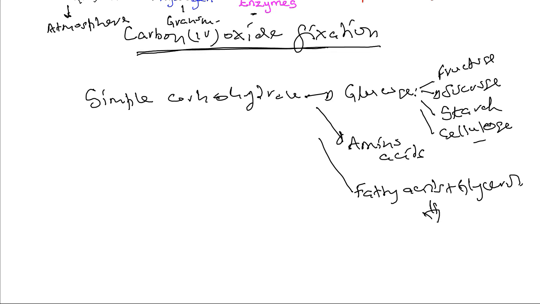Fatty acids and glycerol are used to make up lipids. So, after formation, the first carbohydrate that is formed will be glucose. Or, again, depending on the needs of the plant, the simple carbohydrate can be converted to amino acids for protein synthesis, or fatty acids and glycerol that are used to make lipids for the plant.